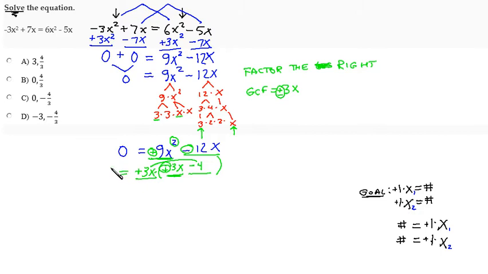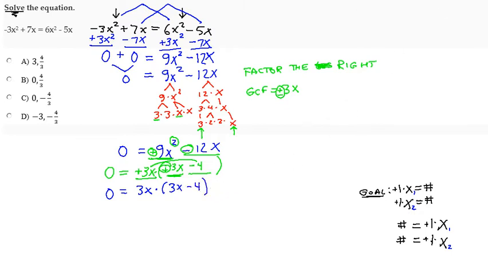Don't forget, this is only the right side of an equation. Now, if I clean this up one last time so that we can see it more clearly, what we have here is 0 equals 3x times 3x minus 4.